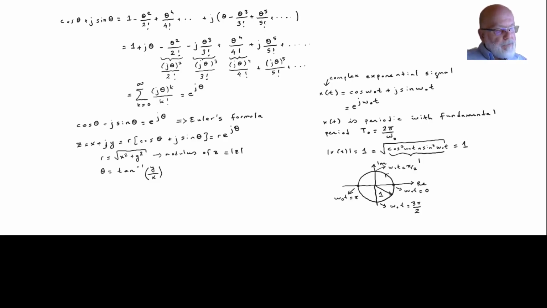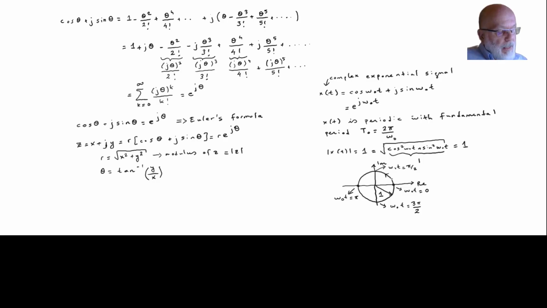So if we just summarize, the complex exponential signal is a complex valued signal whose real part is a cosine signal and the imaginary part is a sine signal. And the visualization on the complex plane is as follows. We note that the modulus of x of t, or magnitude of x of t, is always equal to 1. Therefore, all the values of x of t will be located on the unit circle.